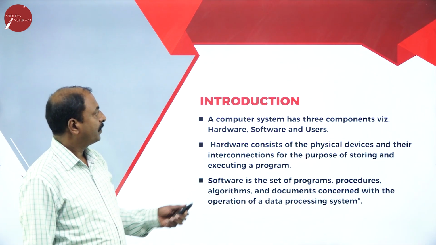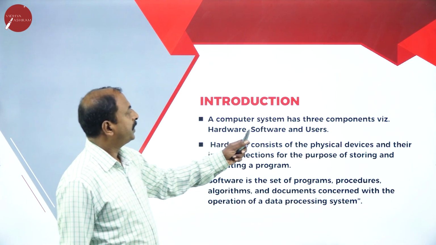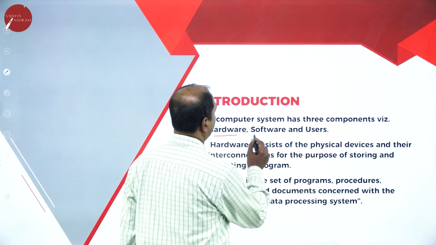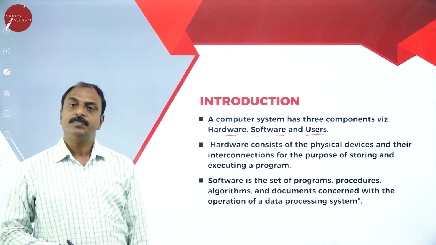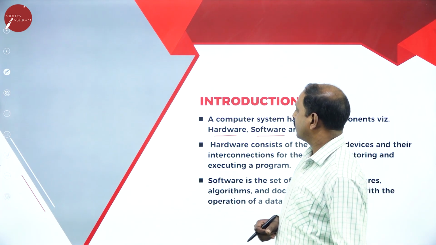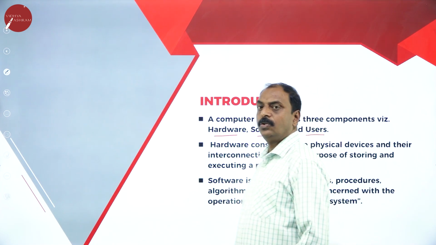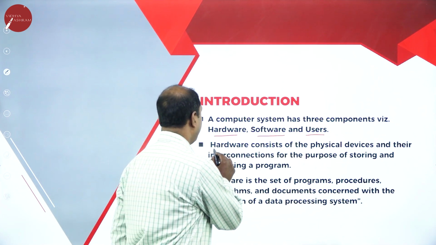Now, let us see the introduction part of it. First of all, a computer system has 3 components: hardware, software and users. All of you know the definition of hardware. What is hardware?